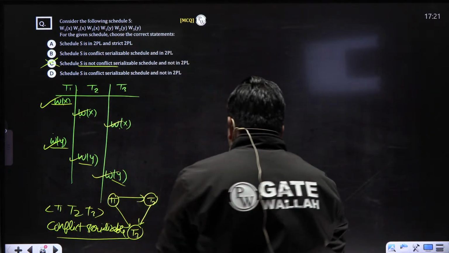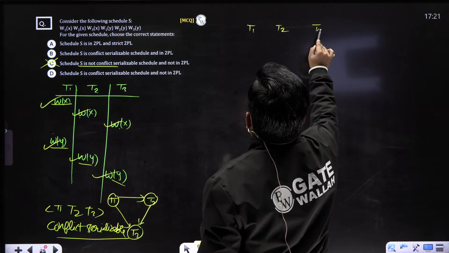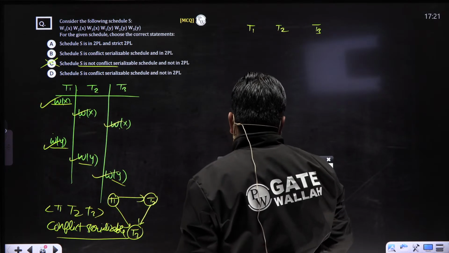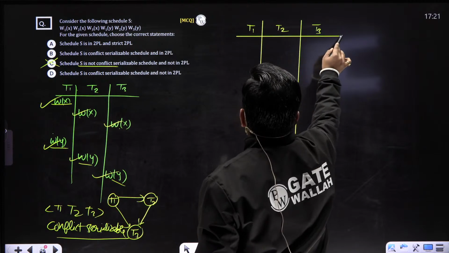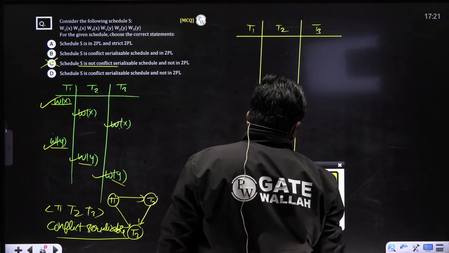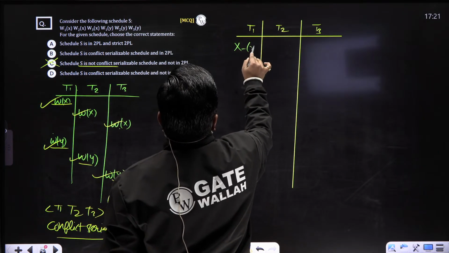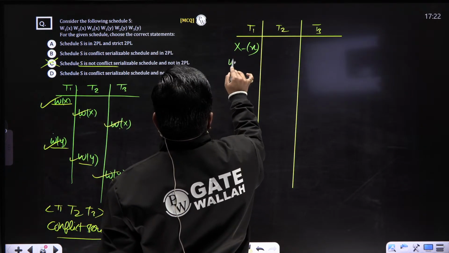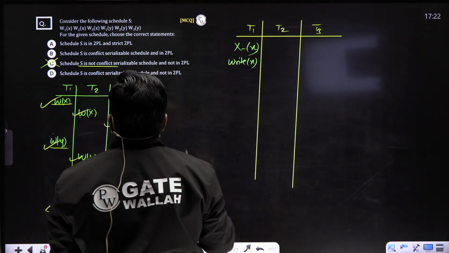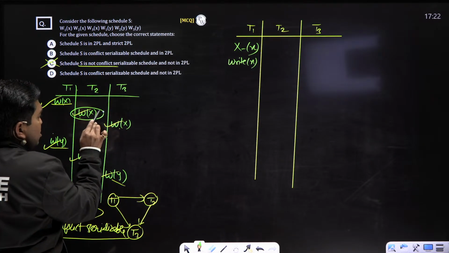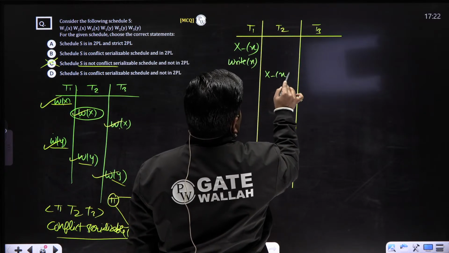Now listen, here I am going to start applying the lock. Everyone put your pen down. Here I am taking an exclusive lock on data item X and performing write X. Okay. Now it requires an exclusive lock on X. So I request, but what happened?